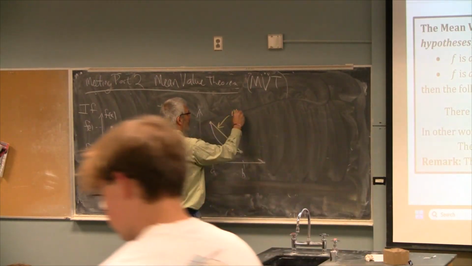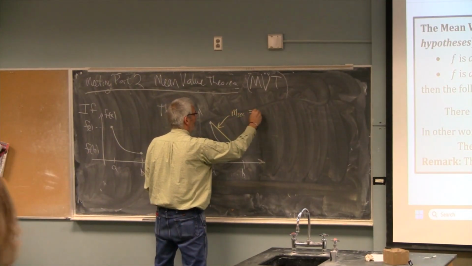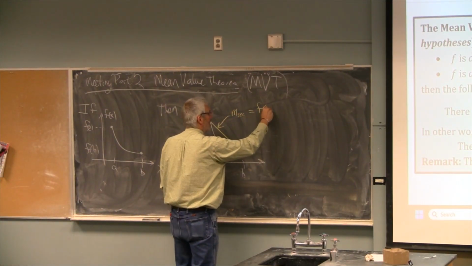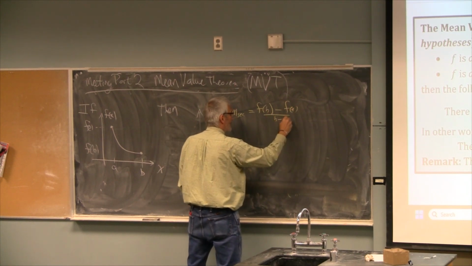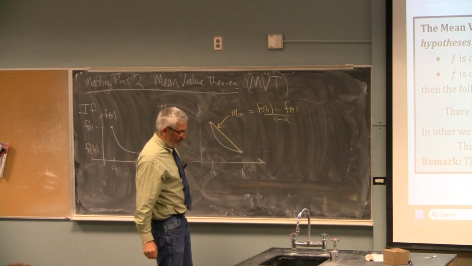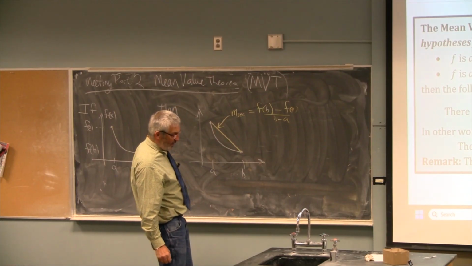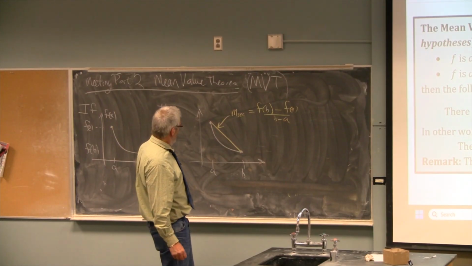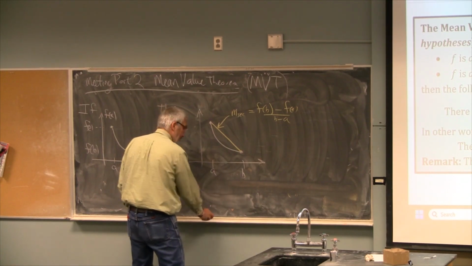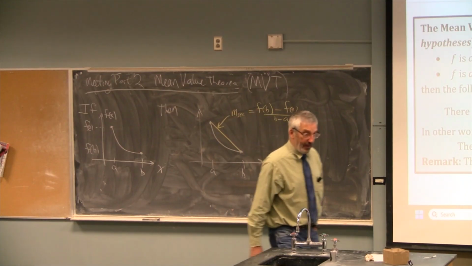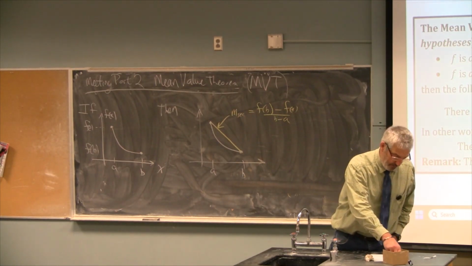So this is the secant line. And the secant line slope is this number, f of b minus f of a over b minus a. So that equation says there's a tangent line somewhere in that chunk of the graph that has the same slope, so it would need to be parallel to that line.